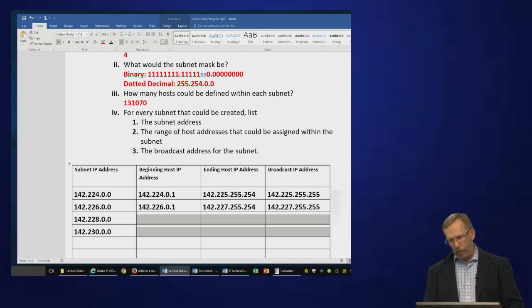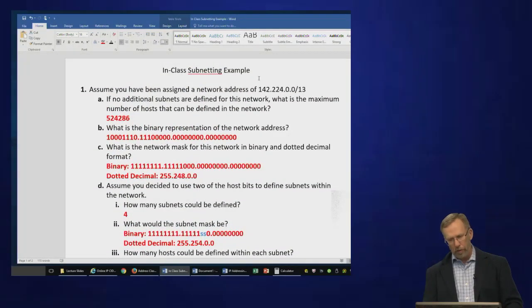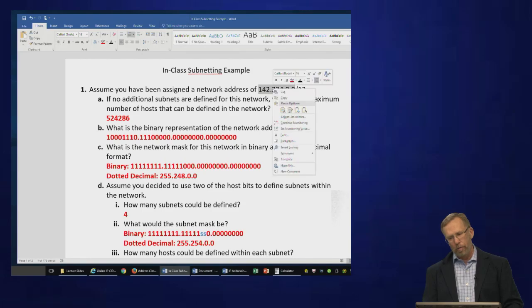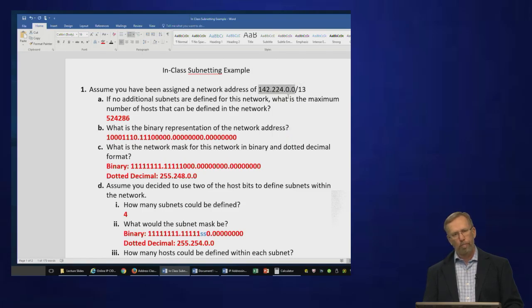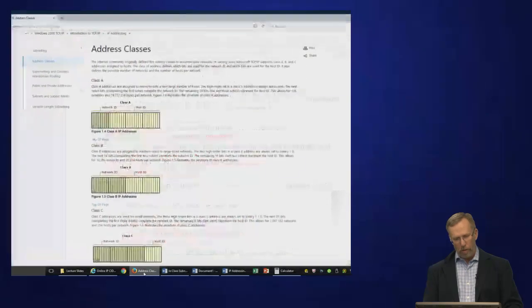So what I'm going to do is take this IP address here, and I'm going to show you a couple of different online calculators. I'm going to post these in Canvas for you, the links to these. And we also need to make note of our /13. That's going to be important when we use these online calculators.